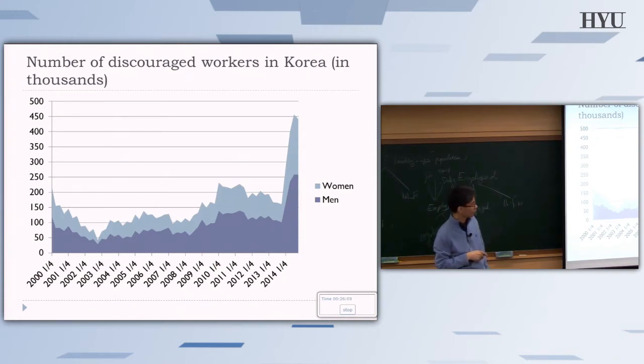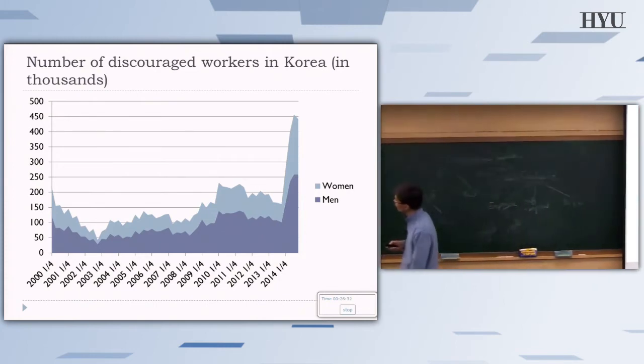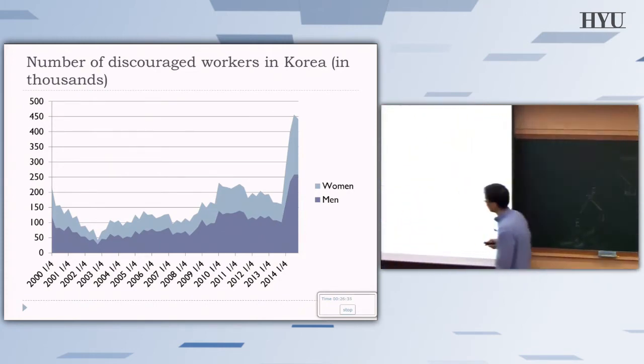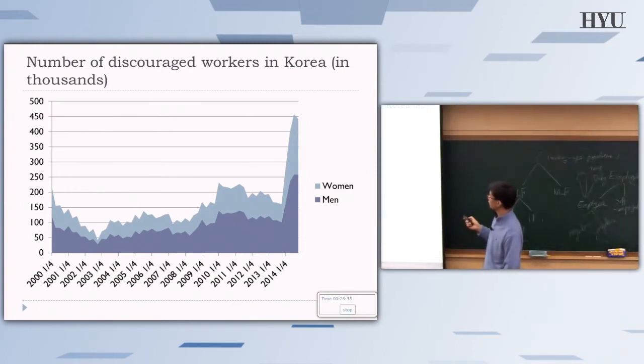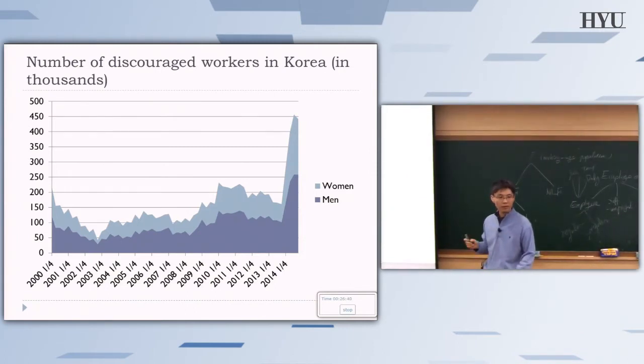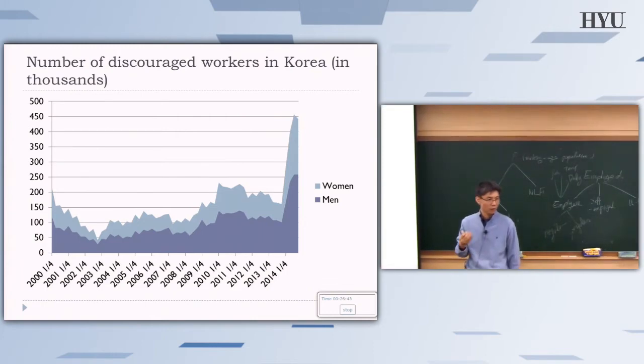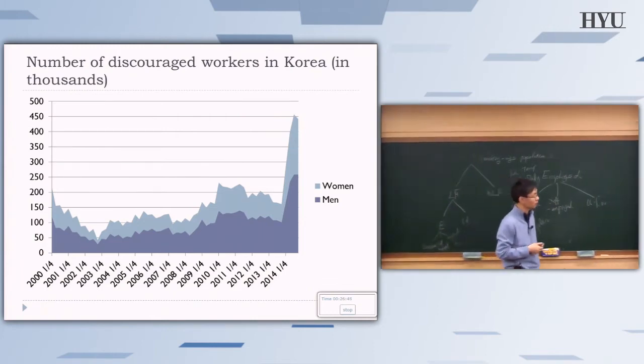When they determine whether a person is discouraged or not, they made it much more relaxed, so that's why the number has gone up so much. But anyway, according to the current statistics, we have about 500,000 people who are discouraged workers, which is actually a pretty large number. So in some cases, people include these discouraged workers as some type of unemployed people when they talk about the labor force statistics.